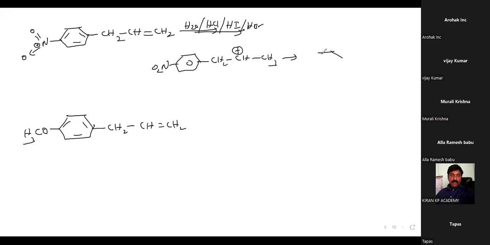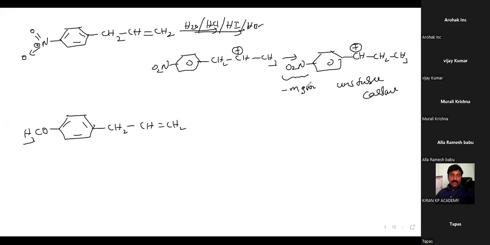Okay, now let us make the shifting of it. And we are getting a CH2, CH2 this one and this one. And in this case, it is an unstable carbocation. Why is it unstable? This NO2 group acts as a minus M group.